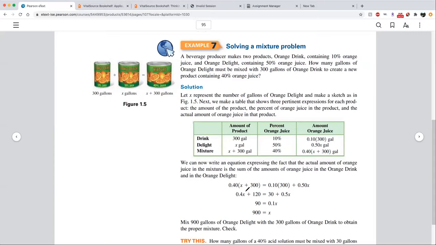Each column represents the distance, time, and speed, or rate. For the mixture problem, the amount of liquid, the percent of the substance, and the amount of substance. Okay, so keep that in mind. And then we go to the next problems.